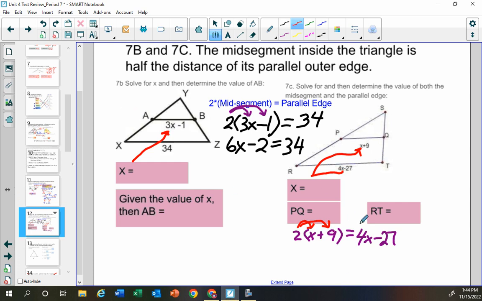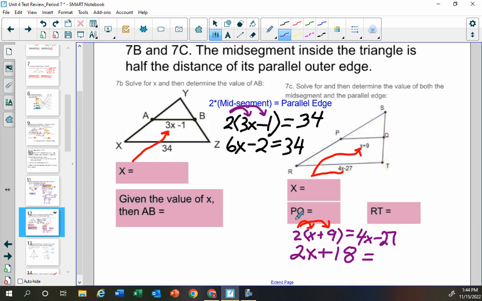C might not be. C is going to be a decimal, because 2x, yeah. All right, we'll check to make sure, but you will get a decimal for 7c. So I want you all to try that.